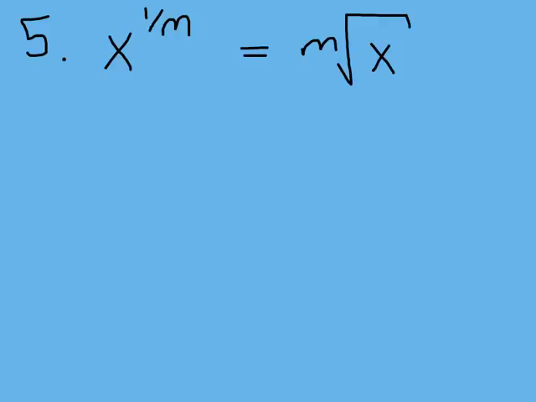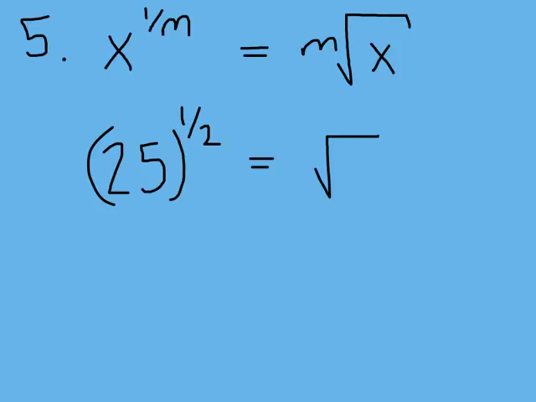This is mostly useful in simplifying fractions. So let's look at 25 to the 1/2 power. What you're really doing is just taking the square root of 25, which of course is 5.